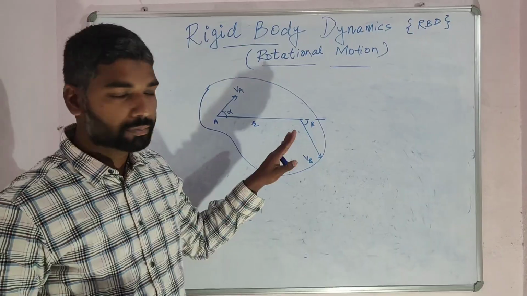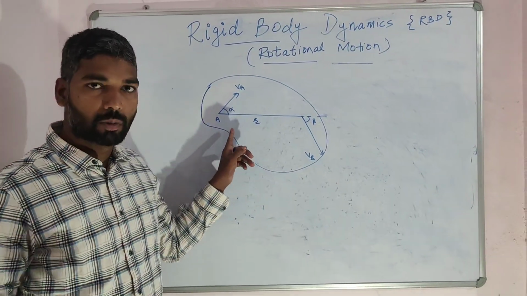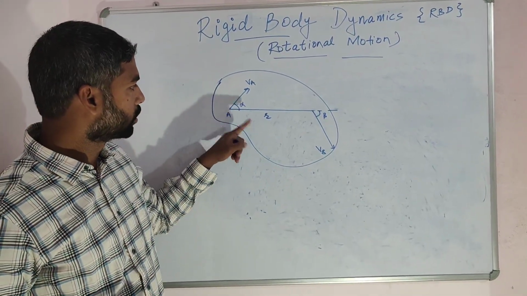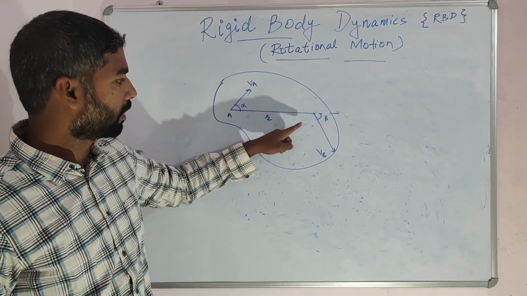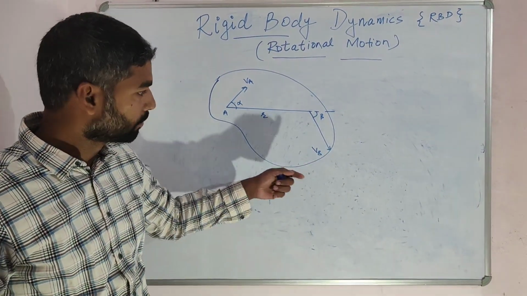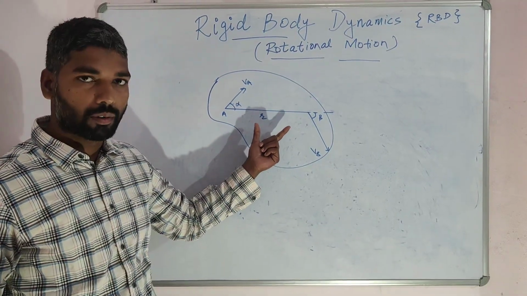To elaborate on this, suppose we have a rigid body and the 2 particles are having motion such that the velocity of A is in this direction and the velocity of B in this direction, and the distance between them is r.